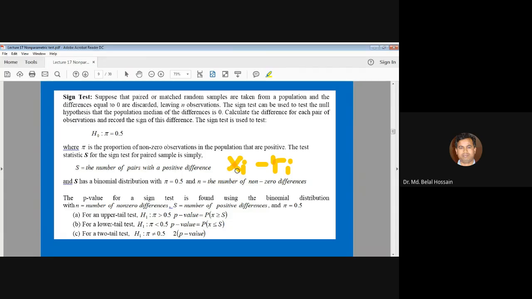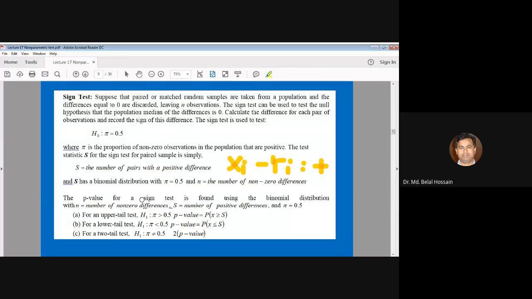For example, xi যদি 10 হয়, yi যদি 8 হয়, তাহলে এটা হচ্ছে positive sign. Then we can consider that this is a positive sign. Again, x2 যদি 4 হয়, y2 যদি 5 হয়, then it is a negative sign. So we will count the number of pairs with a positive difference. That is our test statistic.